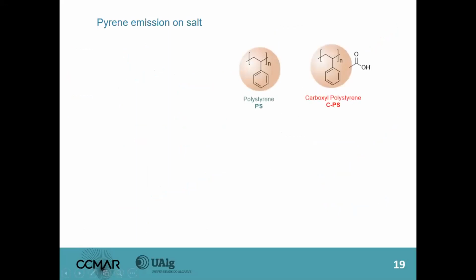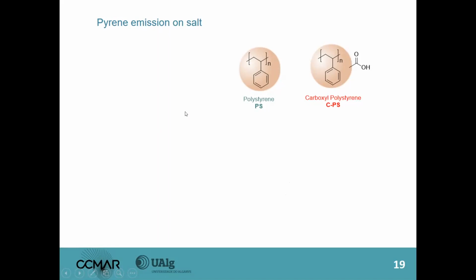Another thing we were wondering is if pyrene is able to enter into polystyrene and also bind to polystyrene that was transformed. So we studied carboxylated polystyrene as a kind of probe to verify if, in nature, where polystyrene and other microplastic particles can be degraded a little bit, pyrene is still a good sensor.